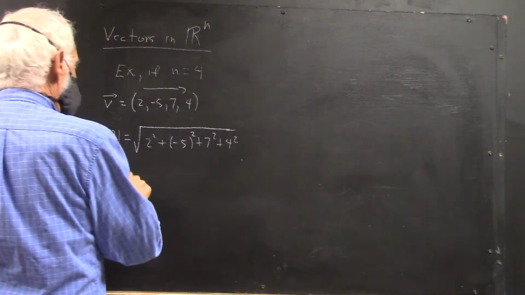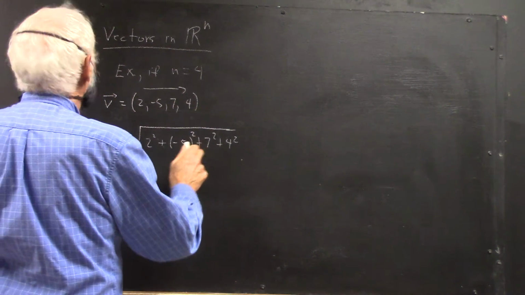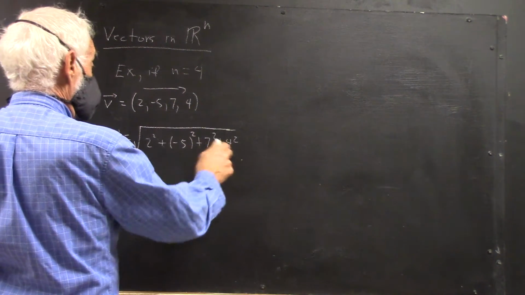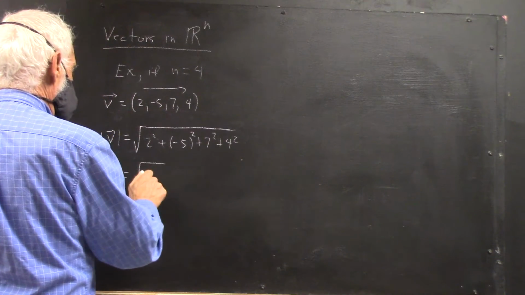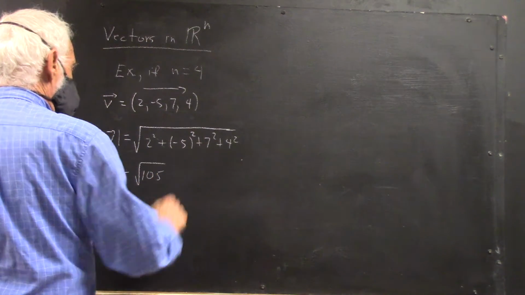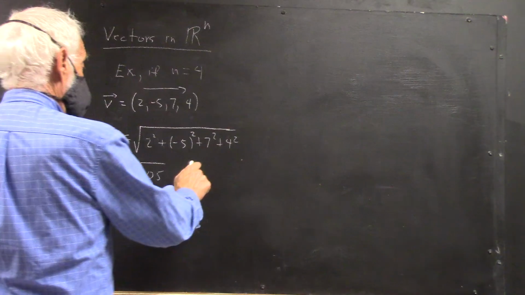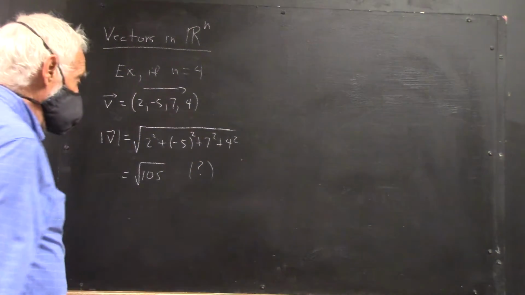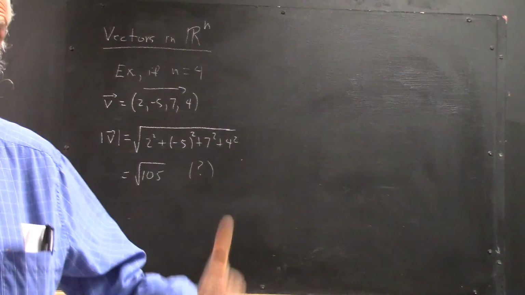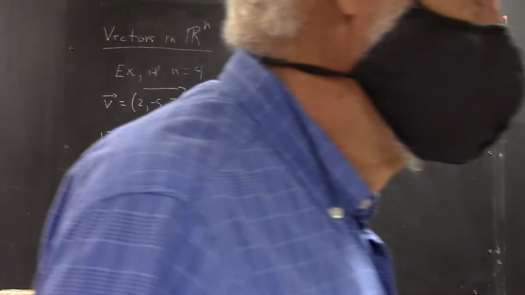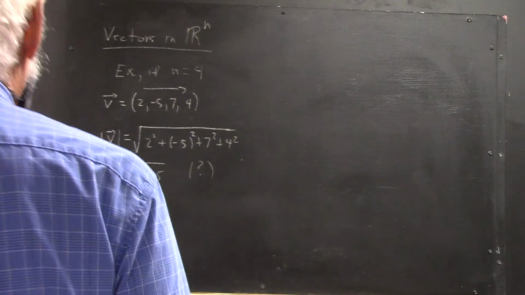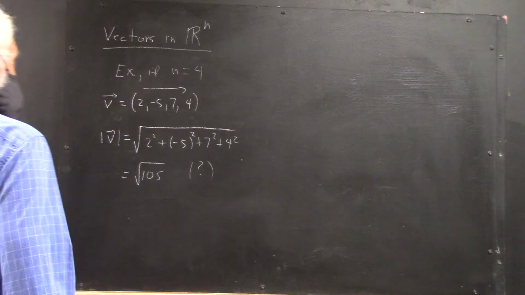And what's that add up to? Let's see, that's 4, 29, and 49 is 88, and 15. I think that's square root of 105. And I just did that in my head spontaneously, so there's a big question mark on it, but you can do it. Yeah, that's easy.